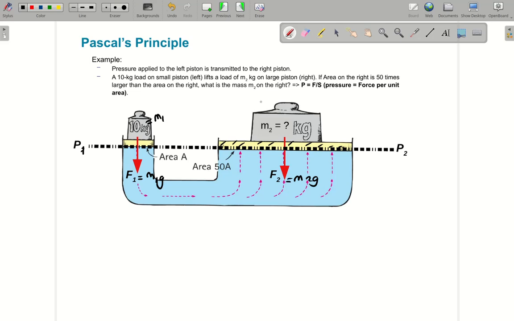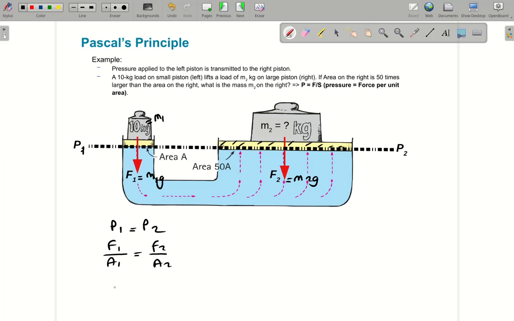The question says a 10 kilogram load of small piston lifts a load of M2 kilogram. If area 2 is 50 times larger than the area 1, so if this is A and this is 50A, what is mass 2? So again, Pascal's principle tells me at the same level pressures are the same. F1 over A1 is equal to F2 over A2.